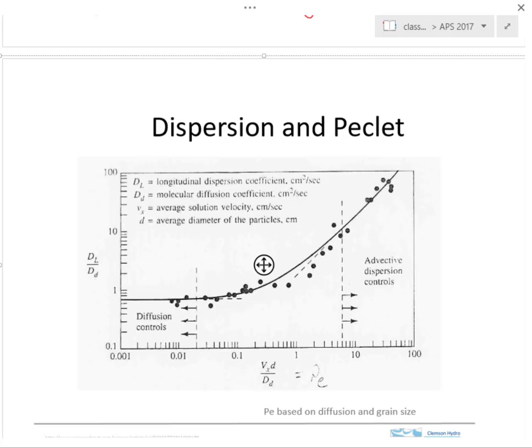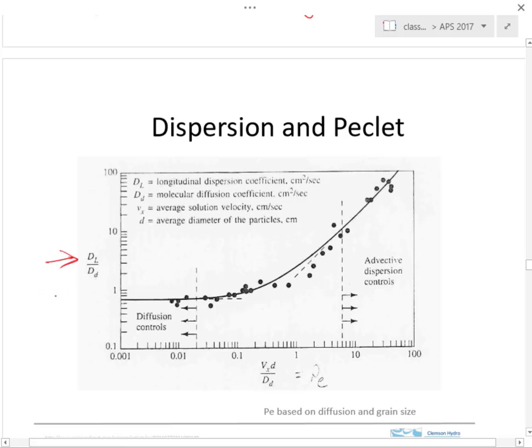One of the things we need to be aware of is when the different contributions, or the different terms, will be important. What's shown here is the ratio of the longitudinal dispersion constant to the molecular diffusion coefficient, and what's shown here is the Peclet number.